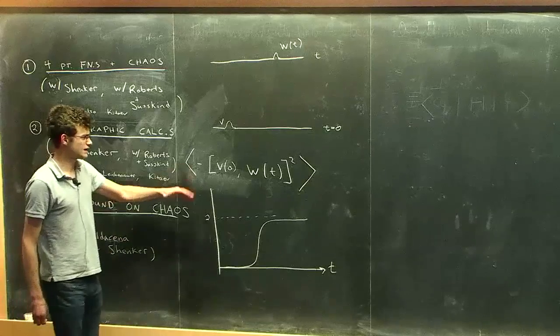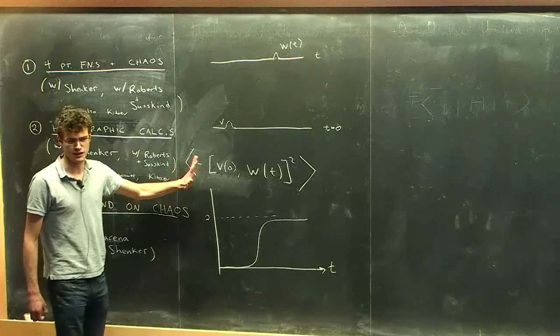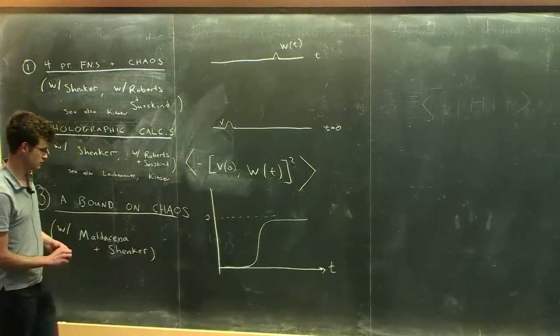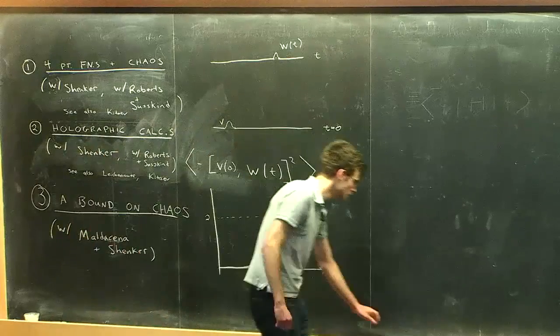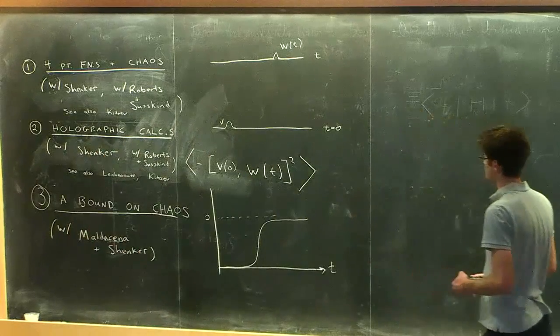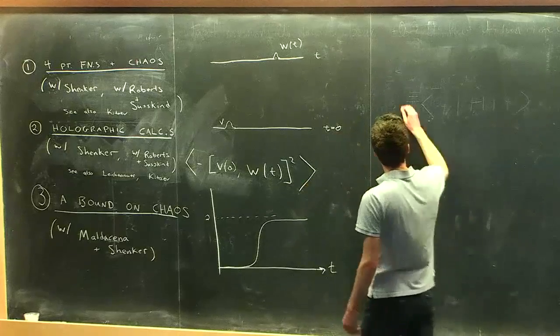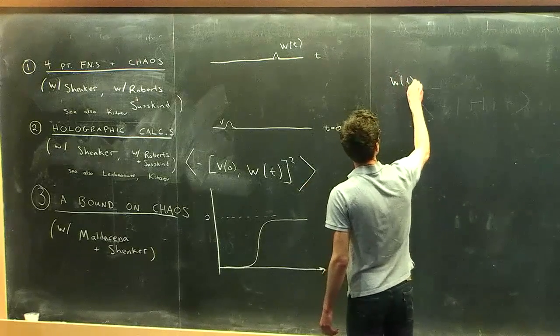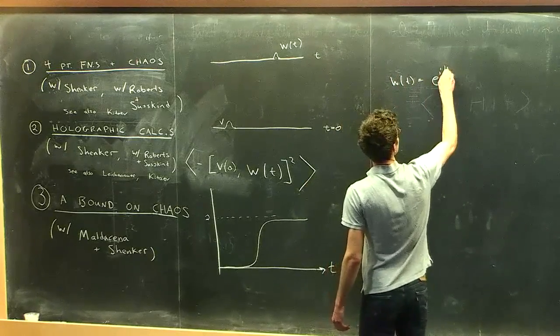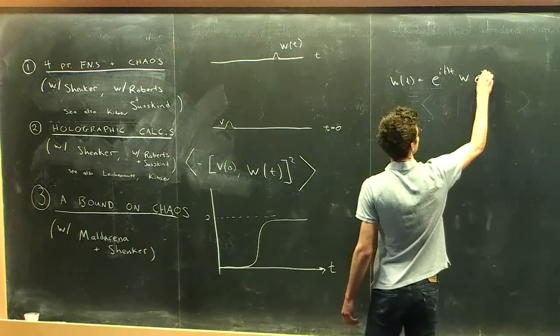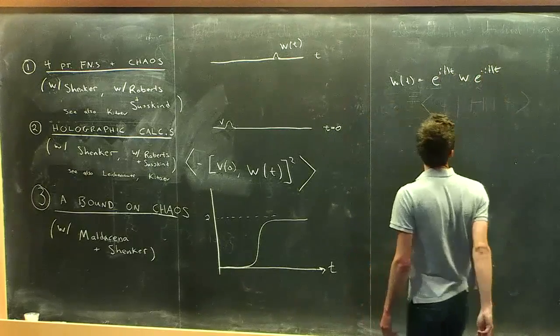I've been vague about the exact chaotic spin chain here because it doesn't matter. This is telling us something pretty interesting about the time evolution of this operator, W of t. So W of t is e to the iHt, W, e to the minus iHt.